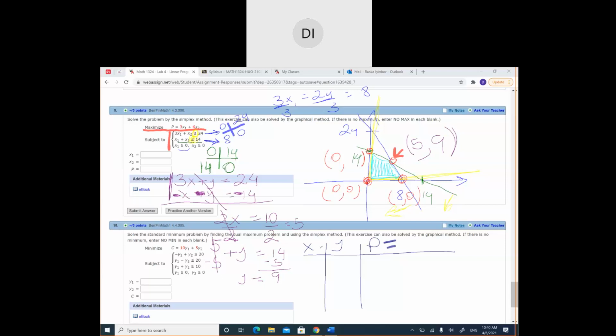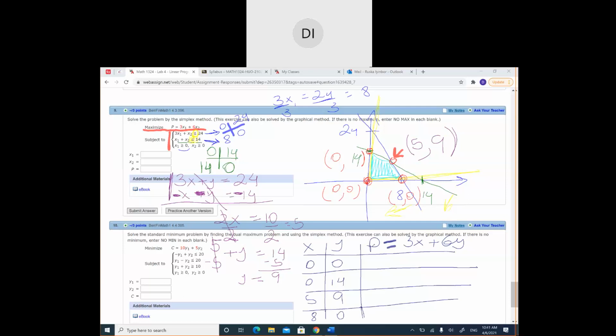So we have the first point 0, 0, then 0, 14 is the second point, 5, 9, and 8 and 0. So these are the points I'm going to plug in.